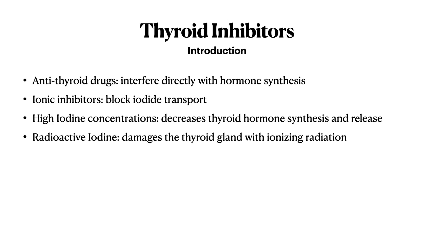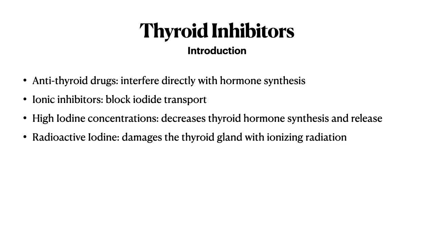Next, we have the thyroid inhibitors. So, there are instances by which we have to control the overactive thyroid gland. So, we use thyroid inhibitors to do this. So, we have many types of thyroid inhibitors.